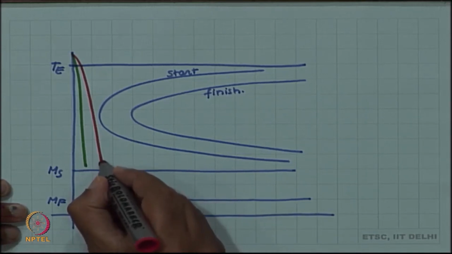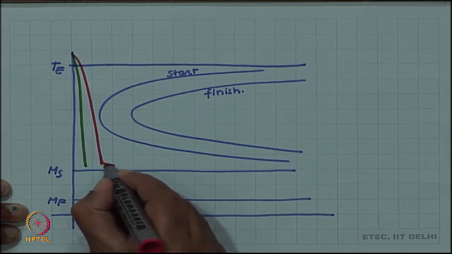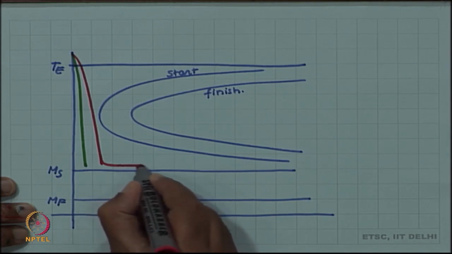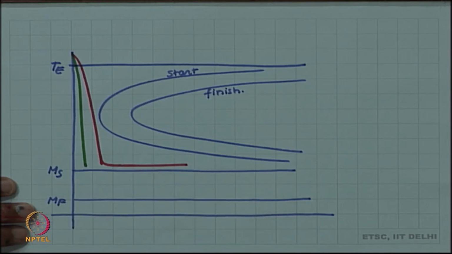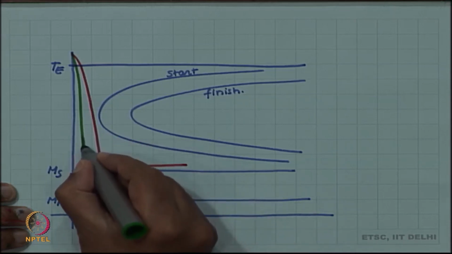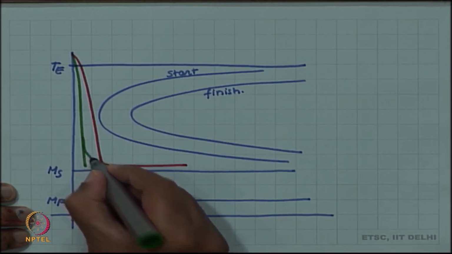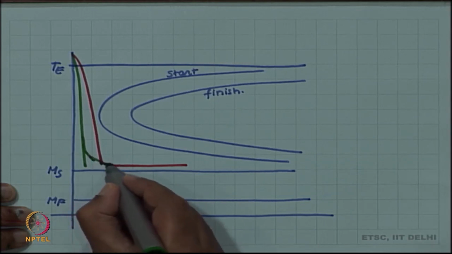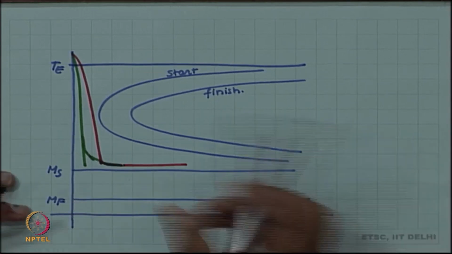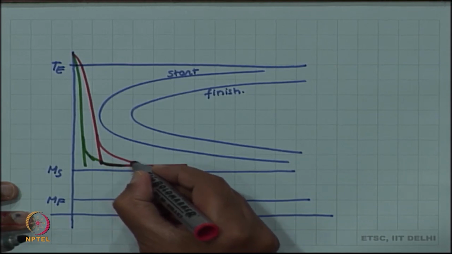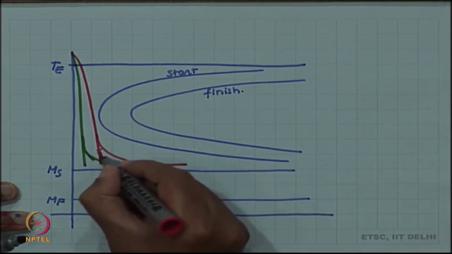So, our quenchant is held at a temperature above MS. And similarly, the inside now, because we are not cooling directly, the inside will also, maybe this diagram also needs to be modified from here, because now the quenchant temperature is higher.